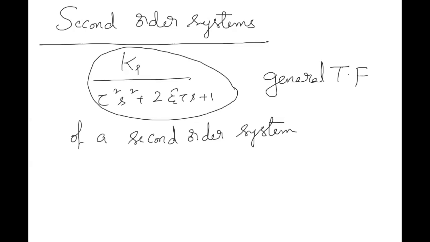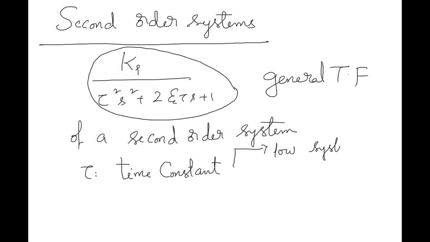Okay. Now, what is tau, the time constant? The importance of time constant is that if it is low, then the systems are fast.